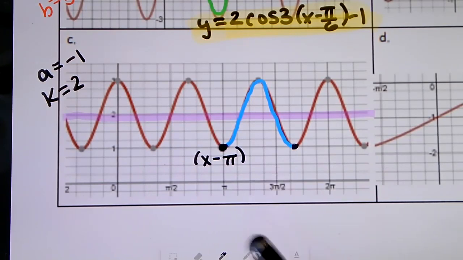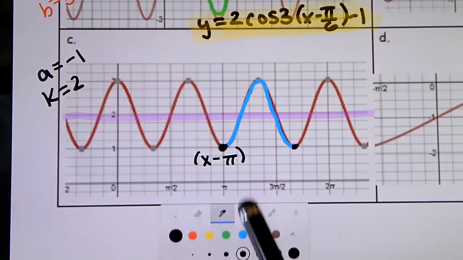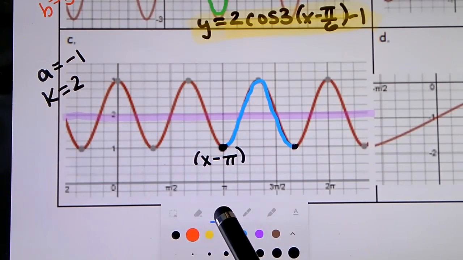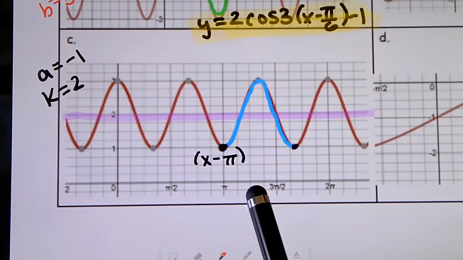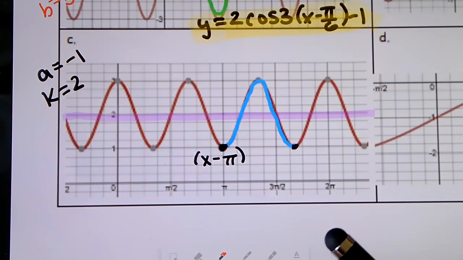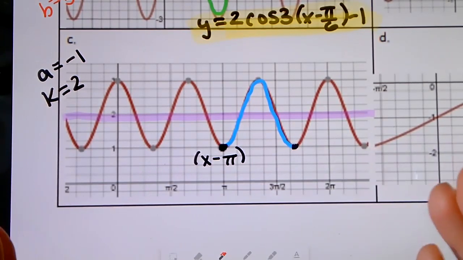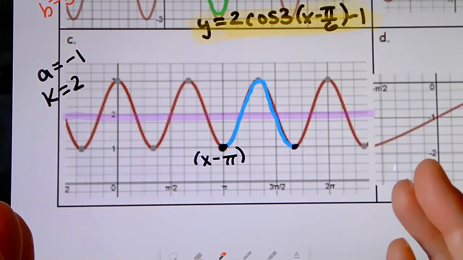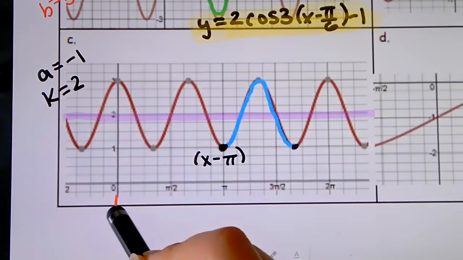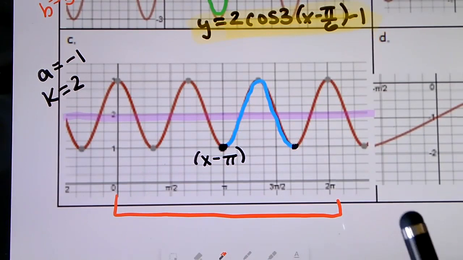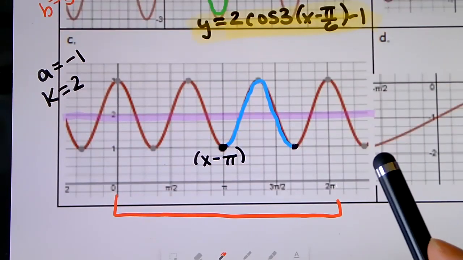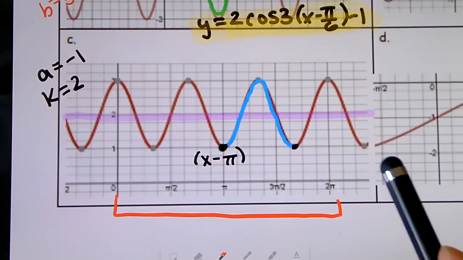So what I do notice is that your B is how many cycles of cosine or sine, depending on the graph, we have from 0 to 2 pi, or even if it's not from 0 to 2 pi distance. Now, in this case, I'm literally going from 0 to 2 pi. And let me just kind of draw them in for us, okay?